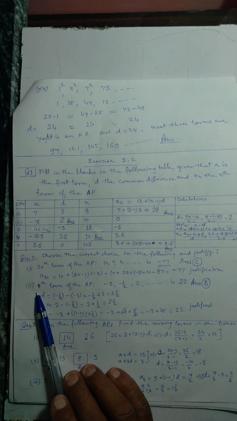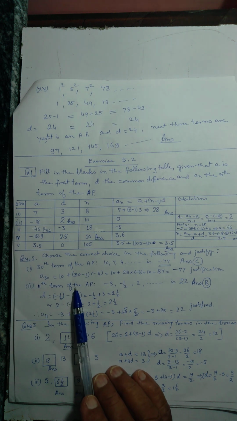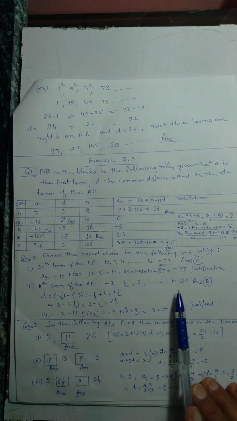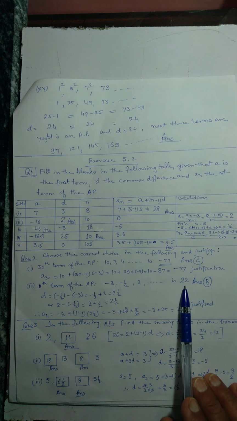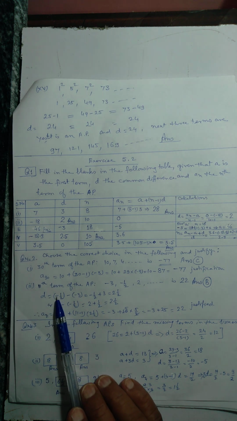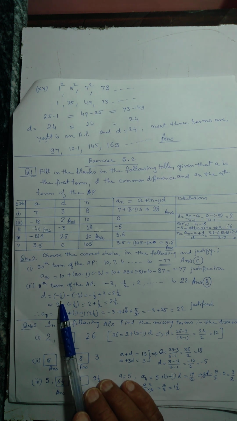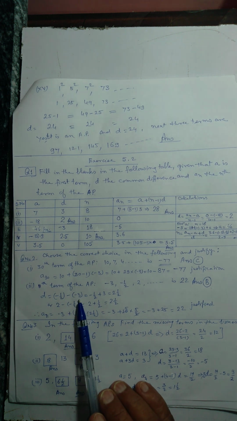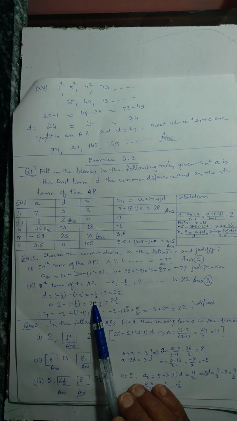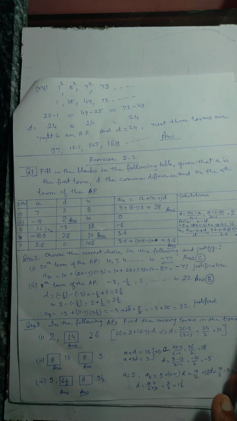Now proceed to the second part. The 11th term of an AP is 22, given. We have to justify it. So first of all we will work out the common difference, that is minus 1 by 2 minus 3, that will be equal to minus 1 by 2 plus 3, that will be equal to 2 and 1 by 2.